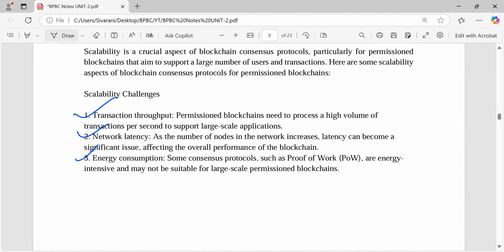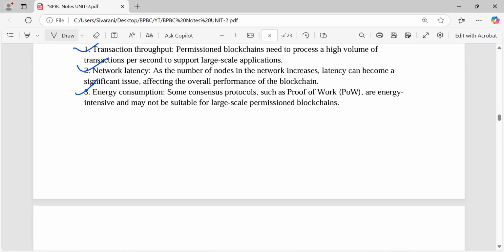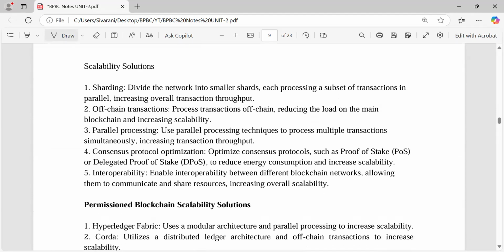In network latency, as the number of nodes in the network increases, it becomes a significant issue for the overall performance of the blockchain, and more energy is also required, like hardware and software power. So what are the solutions?